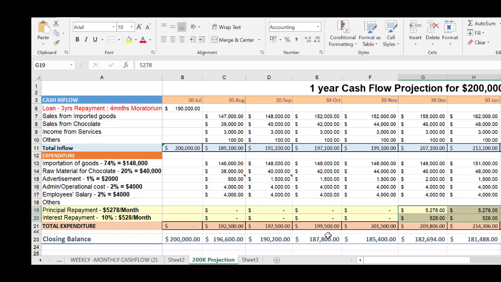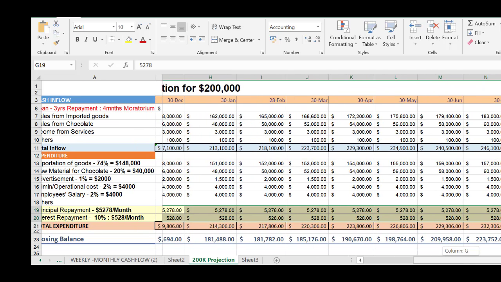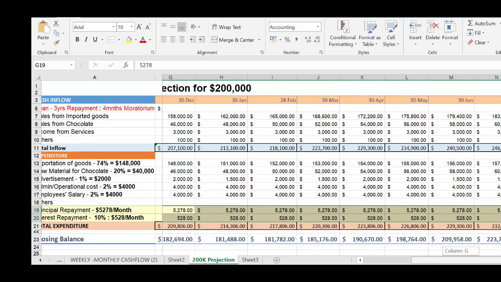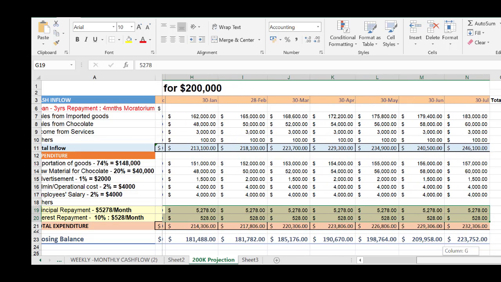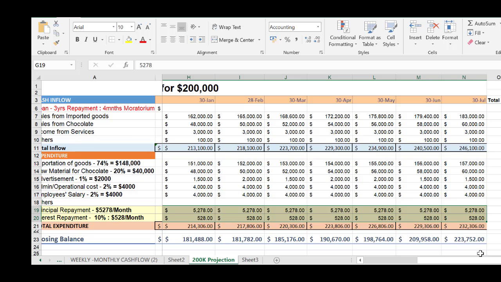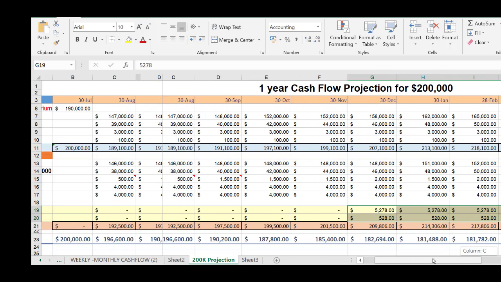You need to prove that this cash flow projection is real. This is how I believe this cash is managed. But things started turning around almost towards the second to last month of my projection. It's not that bad.